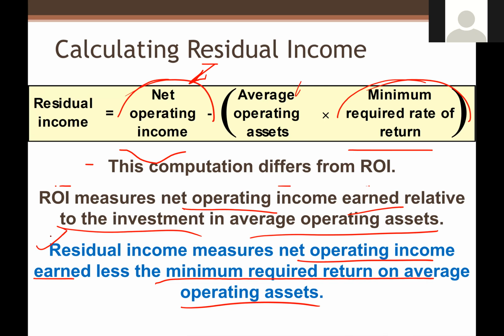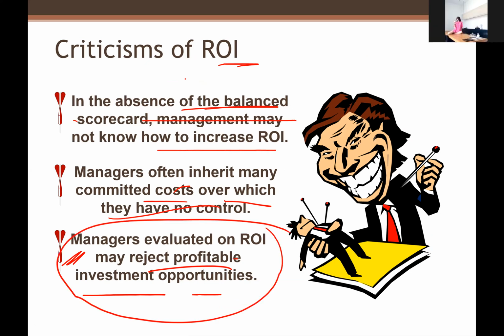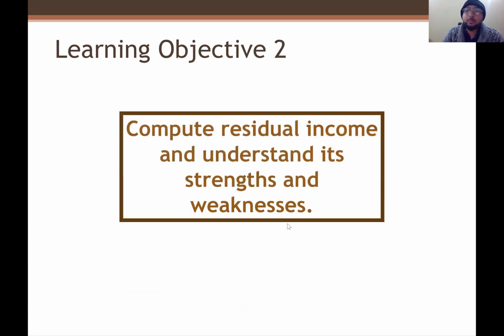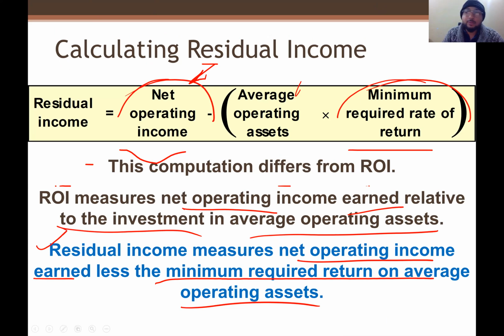Okay, we just talked about that. ROI has a problem with the evaluation of the manager, right? And to eliminate that problem, we introduce the residual income method, right? So of course, the residual income method is better than the ROI, in which nothing is hidden.